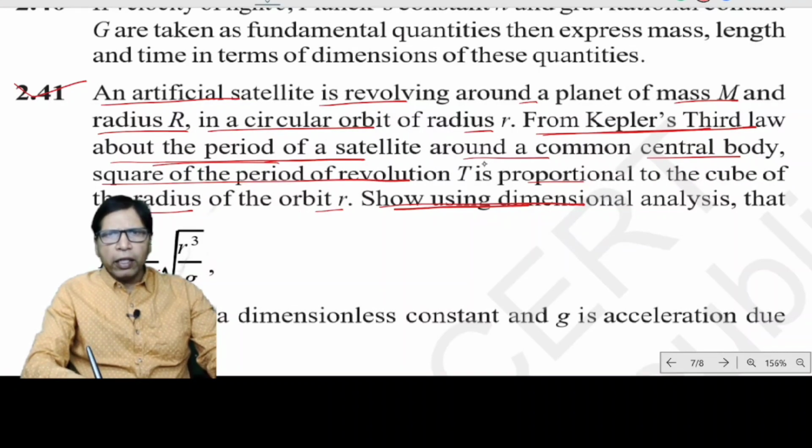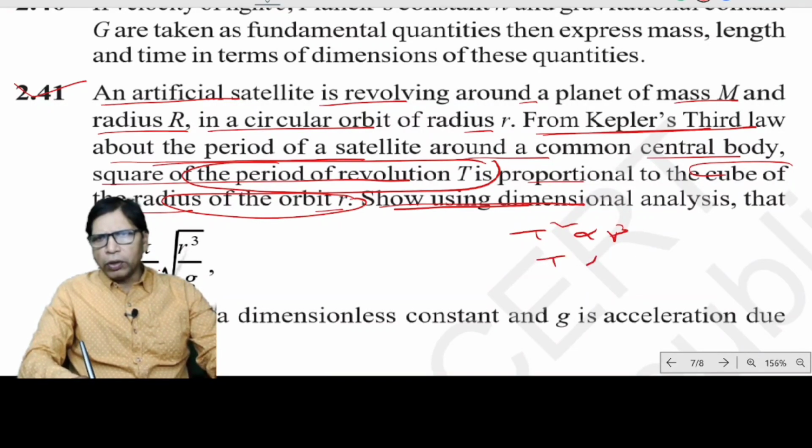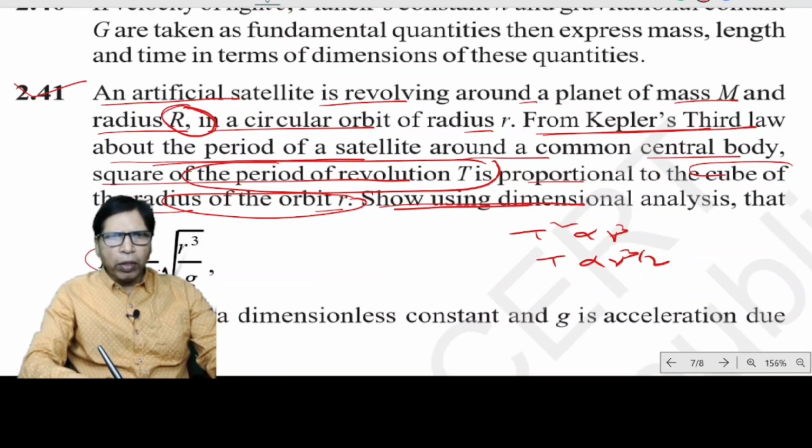Look at this. The square of the period of revolution is proportional to the cube of the radius of the orbit. That is T square proportional to r cube. Therefore, T proportional to r to the power 3 by 2. Now, the period of revolution also depends on the radius of the planet and acceleration due to gravity.